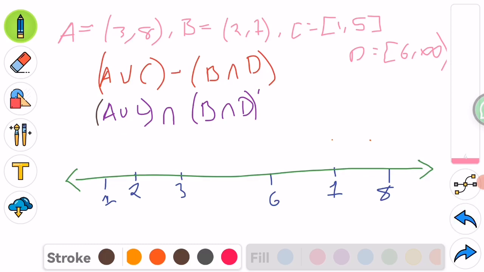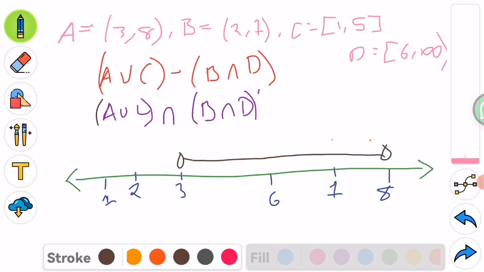We're going to identify our set A. It starts at 3 and ends at 8, and it's bounded by open brackets, so we're just going to put hollow dots like that. Of course, keeping in mind that if it has closed brackets like this one and this one here, you're going to have a shaded dot. But since it's an open bracket there, we're going to put hollow dots on 3 and 8.